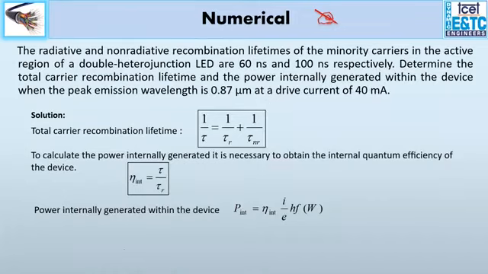So everything is given to you. Give me the value of tau, eta, and P internal.